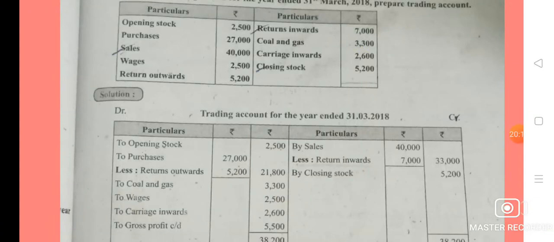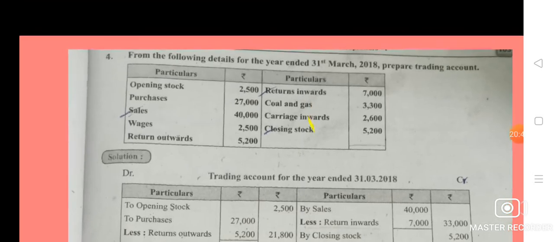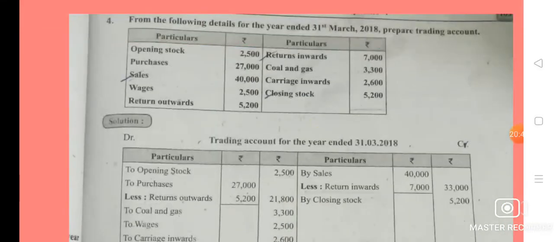Opening stock 2,500, purchases 27,000, sales 40,000, wages 2,500, return outward means purchase return, return inward means sales return 7,000, coal and gas 3,300, carriage inward 2,600, closing stock 5,200. So the name is not given in the question, so straight away you have to prepare the trading account for the year ended 31st March 2018.